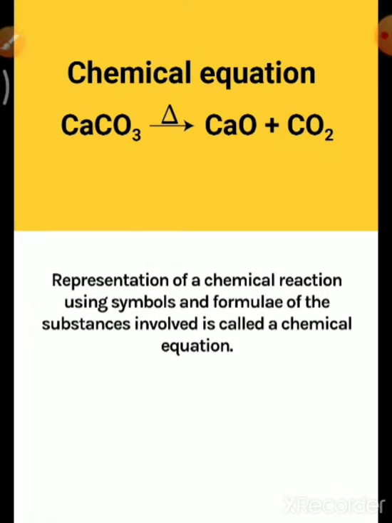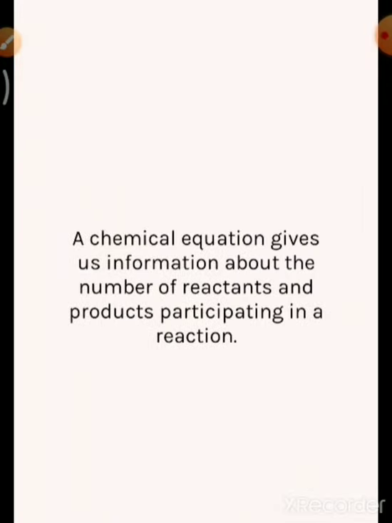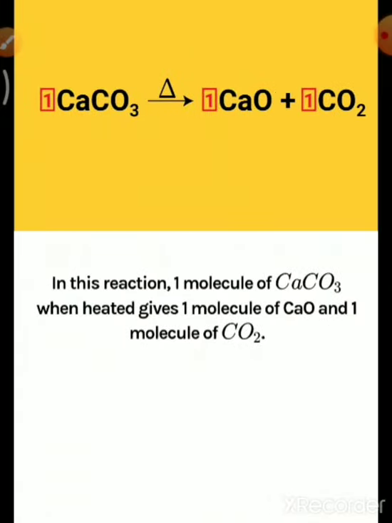A chemical equation is a representation of a chemical reaction using symbols and formulae of the substances involved. A chemical equation gives us information about the number of reactants and products participating in a reaction.